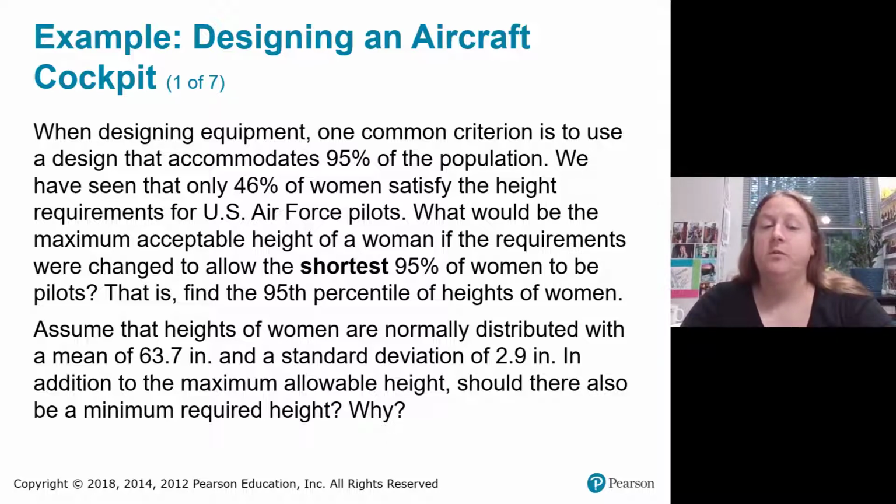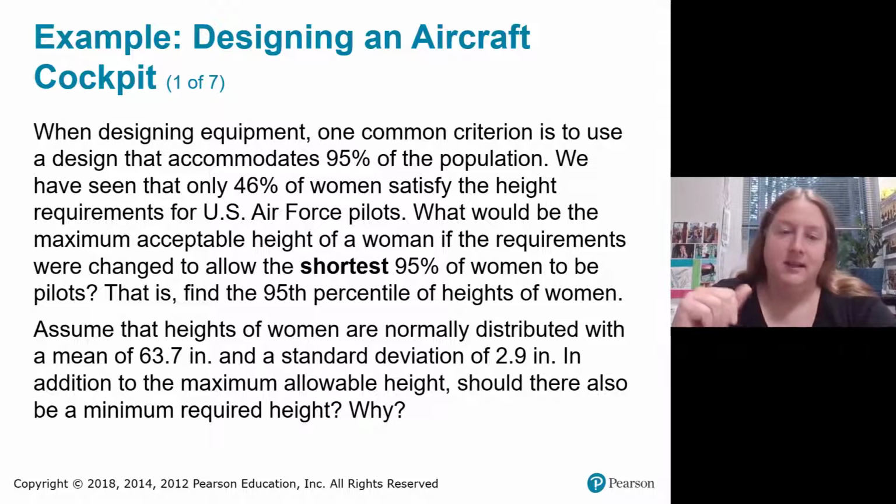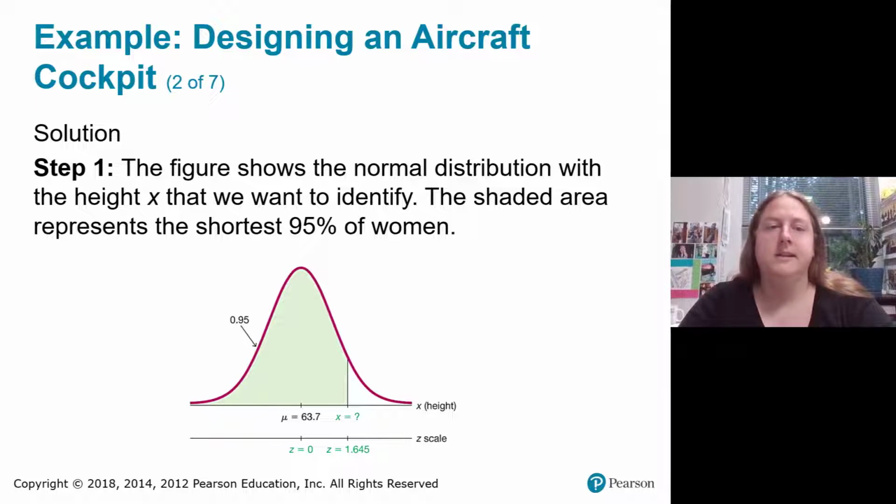So assume that heights of women are normally distributed with a mean of 63.7 inches and a standard deviation of 2.9 inches. So in addition to the maximum allowable height, they also want to know, should there be a minimum height and why? That's a real world thought to have. So let's start off with the math. Let's find that 95th percentile. All right.